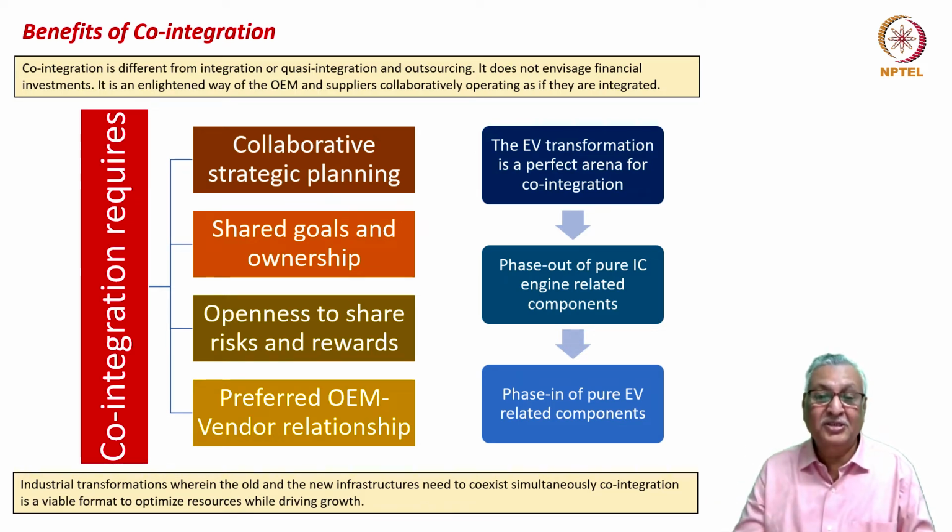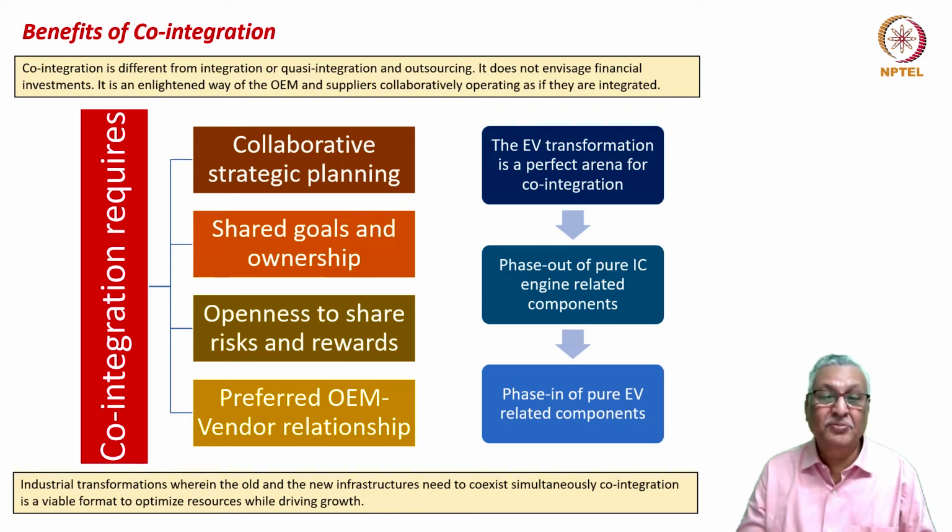All these things will be discussed a priori, that is at the very outset, between the company and the existing suppliers or proposed suppliers. So there is a collaborative strategic planning where the strategic planning of both the entities or both the entity groups will be aligned and working in alignment.